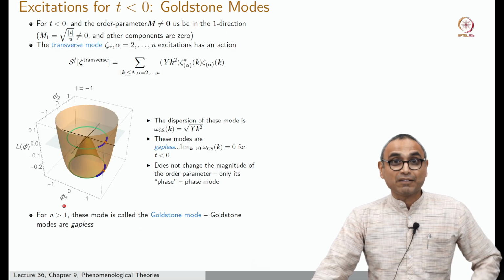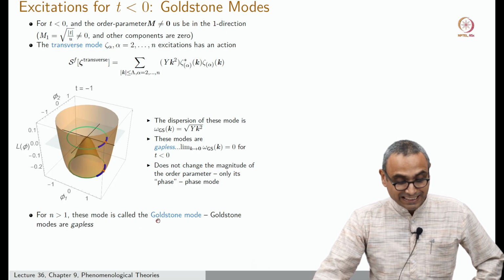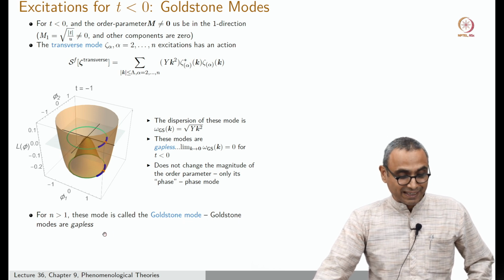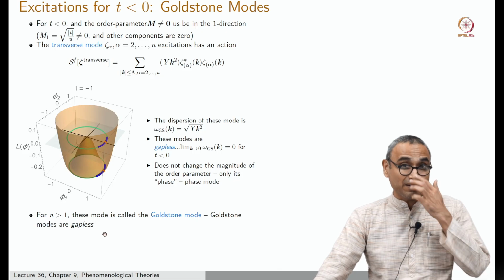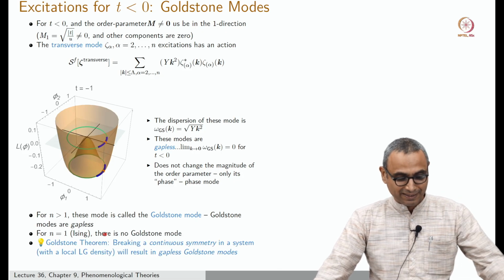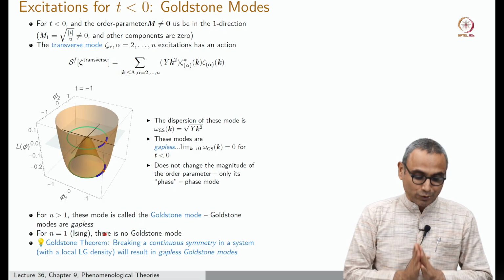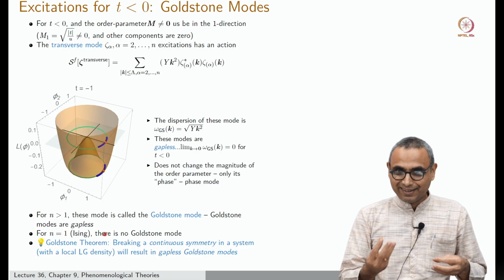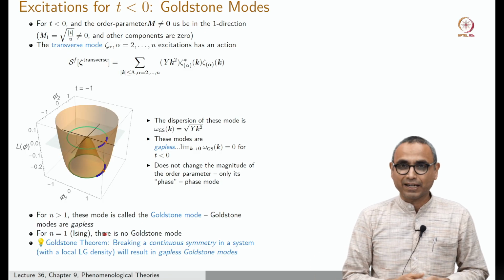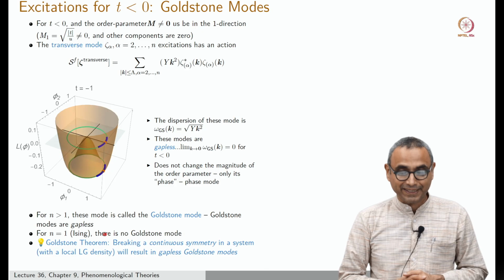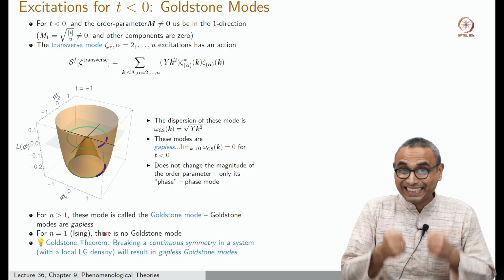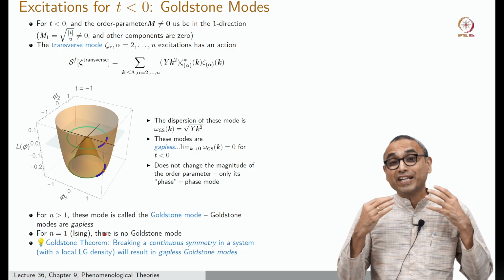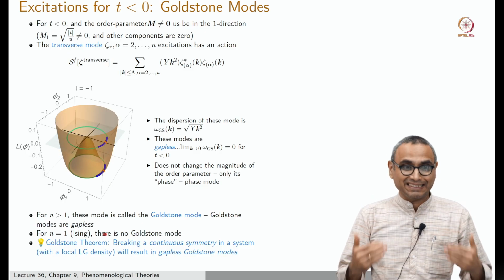So for n greater than 1, we have a continuous symmetry, and these modes are called Goldstone modes, and these Goldstone modes are gapless. So the central thing that is coming out of this result is what is called the Goldstone theorem. It says that if you take a theory with local energy density, such as the Ginzburg-Landau theory that we have written down, and you break a continuous symmetry, which is what we have done here, then you are guaranteed to have gapless excitations.